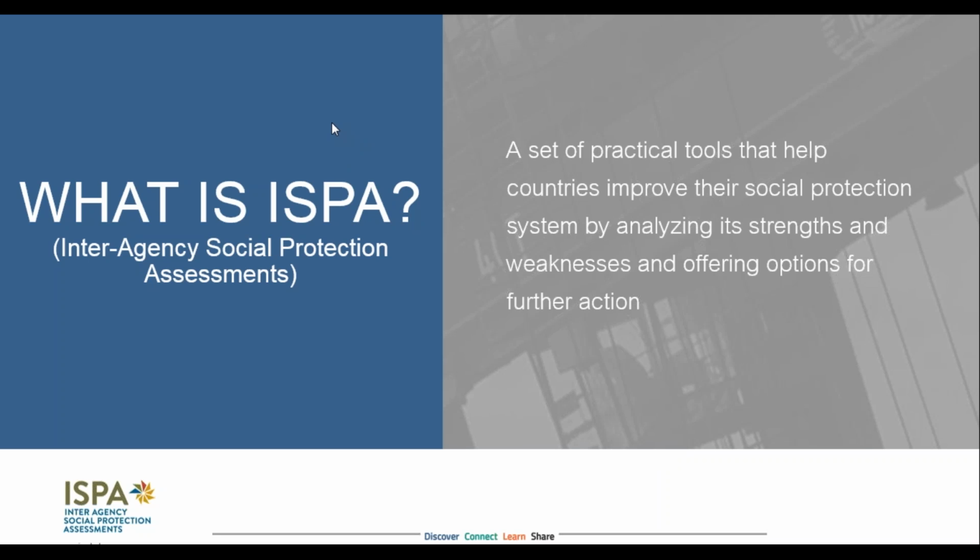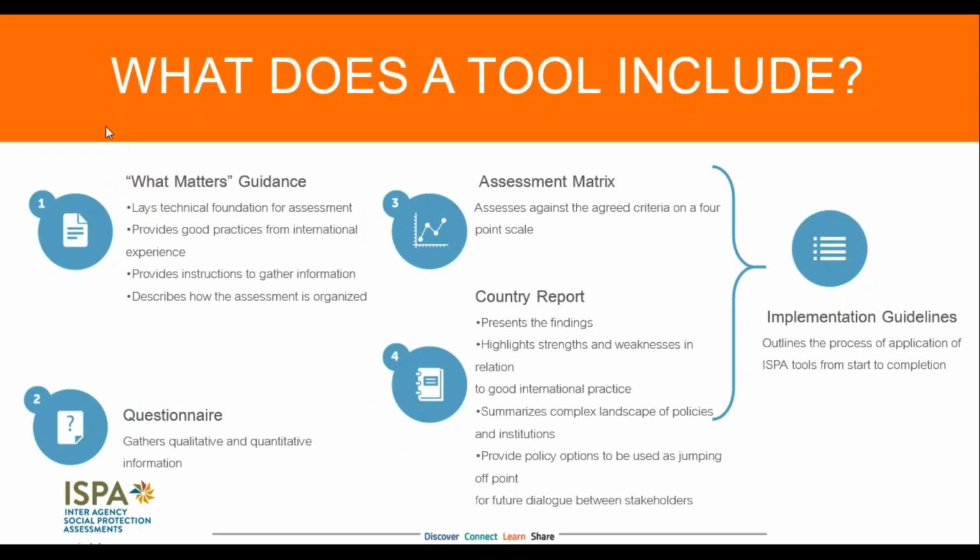So let's just jump to the next slide. Each tool, what does each tool have? There are 5 different components to each tool. Every tool has a What Matters guidance note. This is really the good practices, best practices in this particular area.